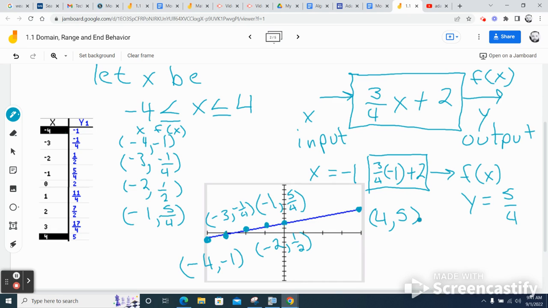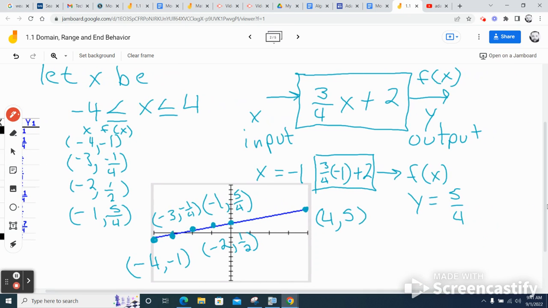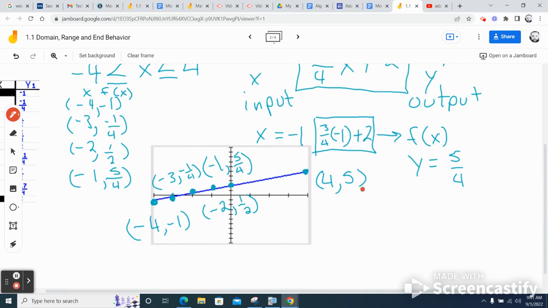You got it. Okay. That's correct. So the range is, what was the definition of the range? Possible y's. So over here on the side, remember that the range are the y values.